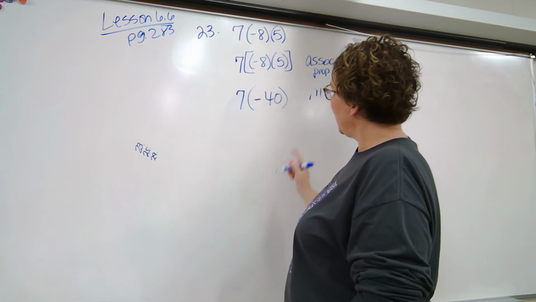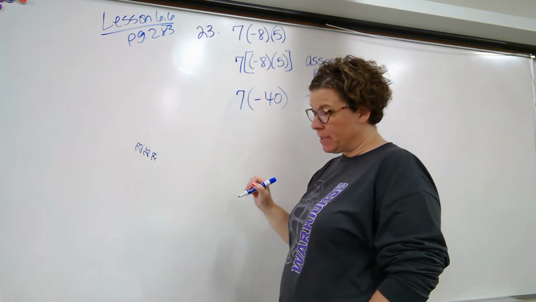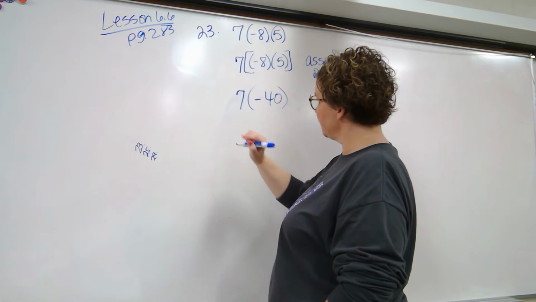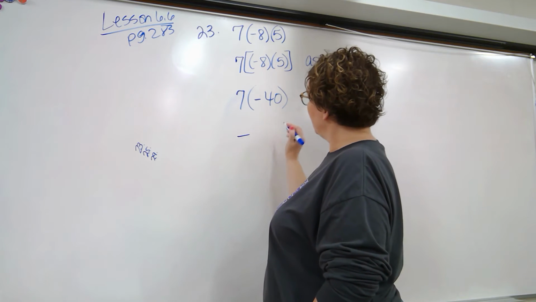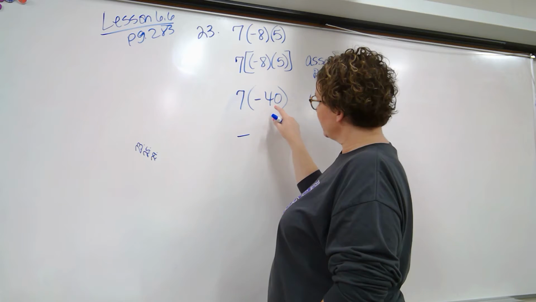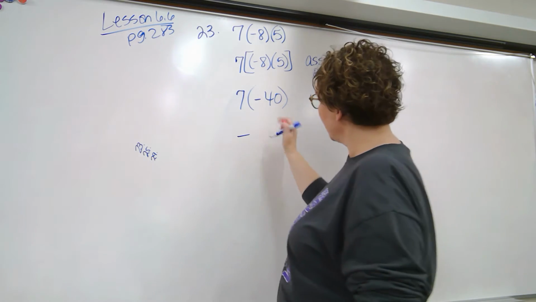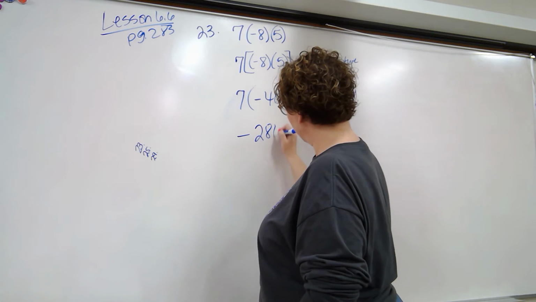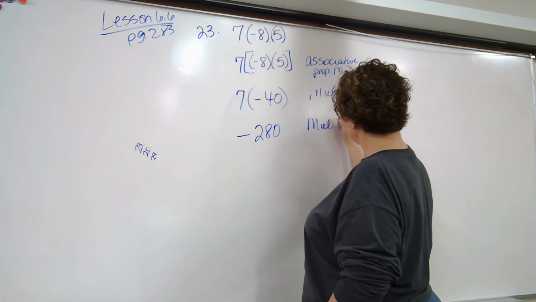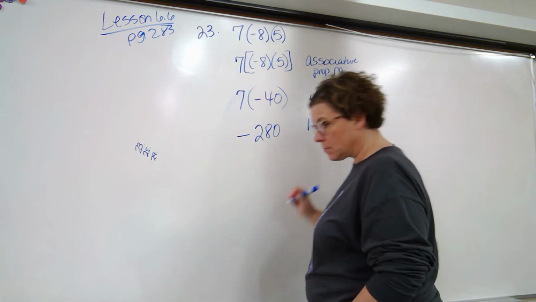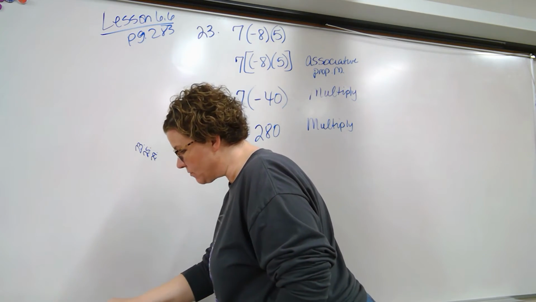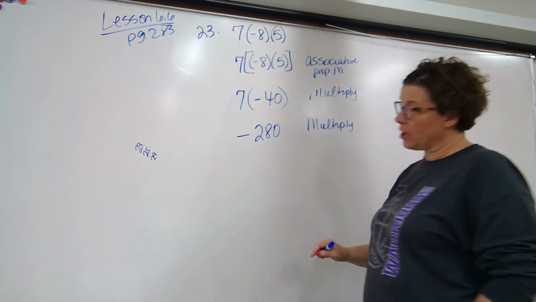And then I know that my answer is going to be negative because a negative times a positive is a negative. I know that 7 times 4 is 28, but since I'm multiplying 7 times 40, my answer is going to be negative 280. And this is just another multiply. So the final answer is negative 280 for number 23.